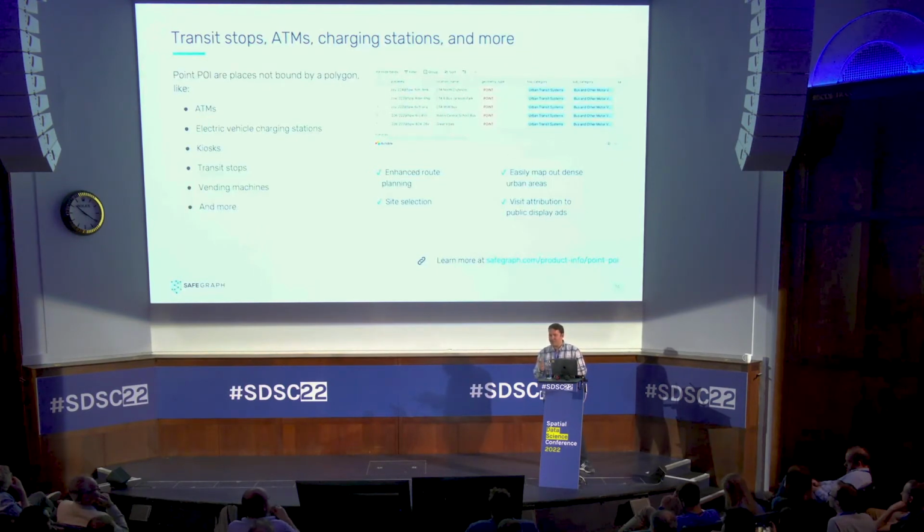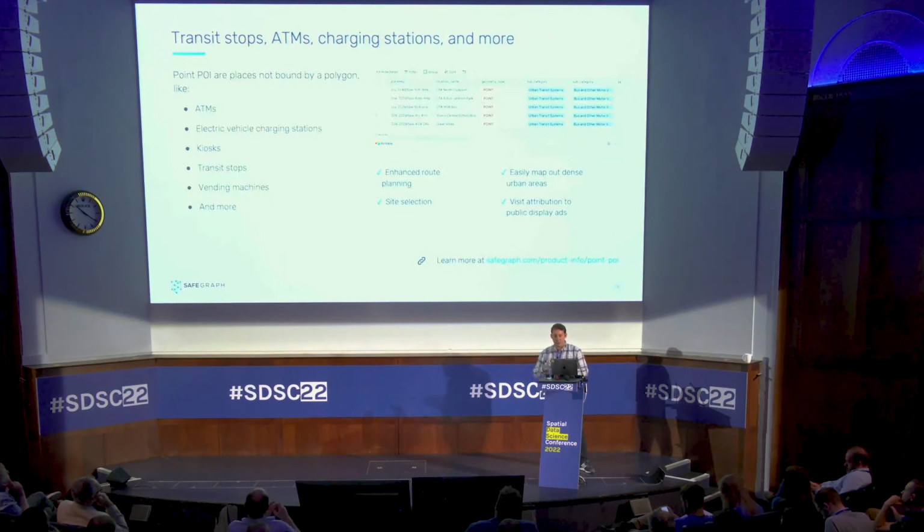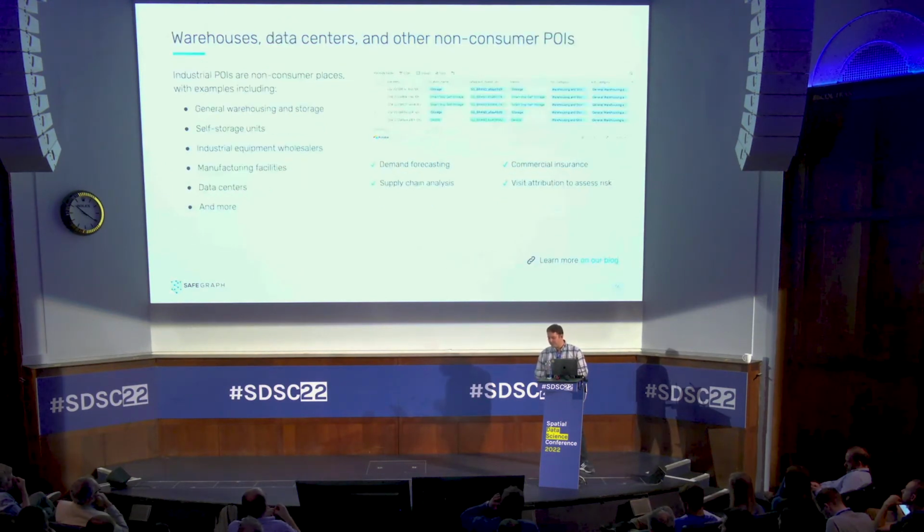I hope there's nobody here from Redbox, but I don't know if you guys have used the red boxes where you can put in your credit card and get a DVD. Those are great. Those are part of the kiosks that are included. Same thing with transit stops. So these are all fairly important pieces of input into driving great POI products, but these are ones that don't necessarily have polygons.